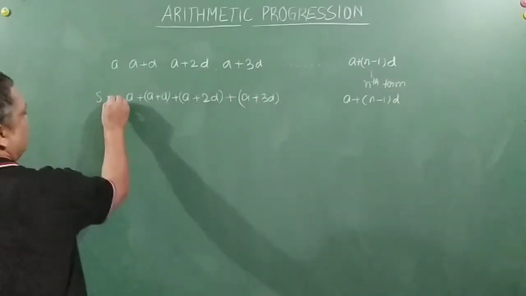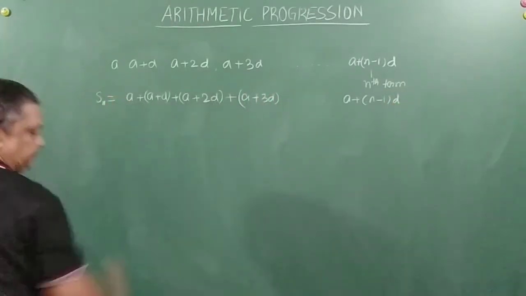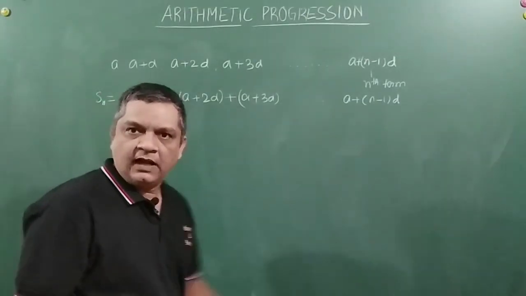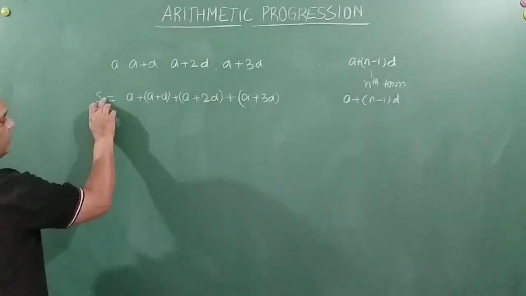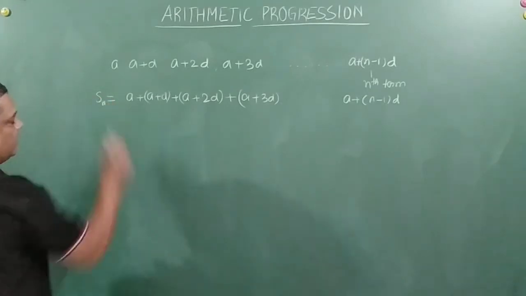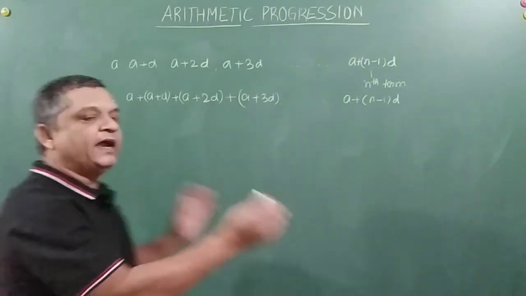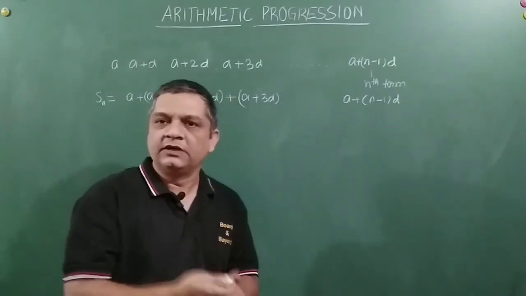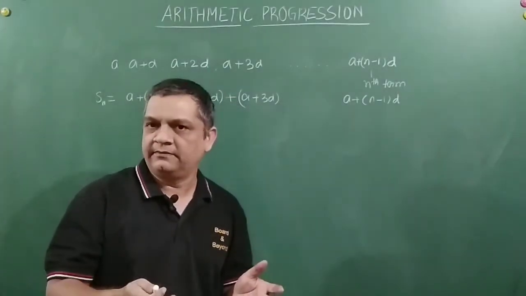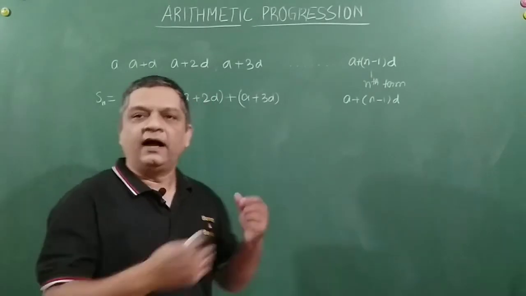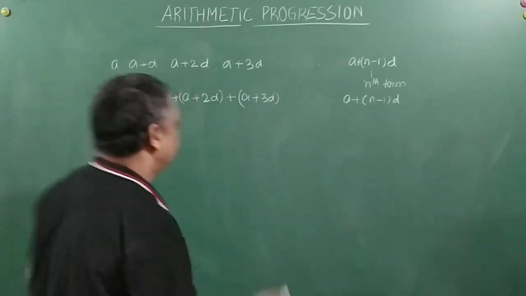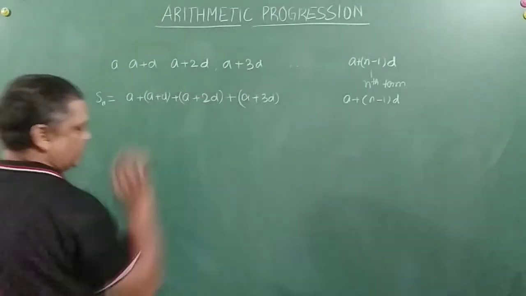Let us denote it by S of n. Why S of n? S is basically the sum, and this n whatever we write here denotes the sum of n terms. For example, if there are 5 terms, we will write S5, and if there are 10 terms we will write S10, right? So Sn is equal to this.